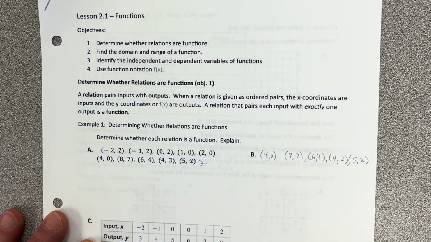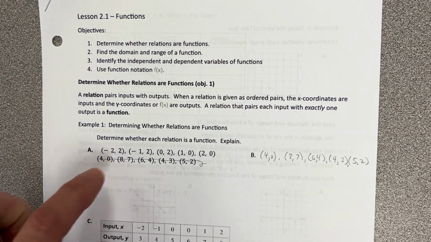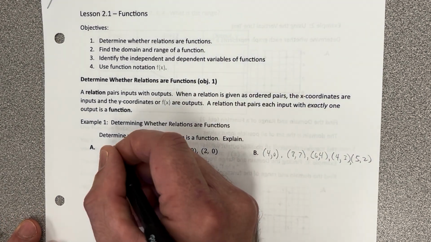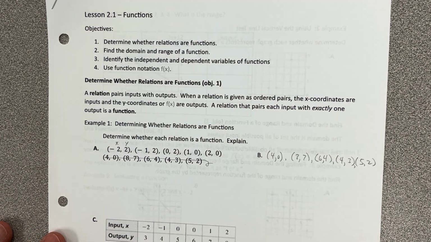But anyway, example 1 says determine whether the relations are functions. Keep in mind that when you're given an ordered pair like this, you've got an input of X paired with an output of Y. And we want to check to see if each input has exactly one output.